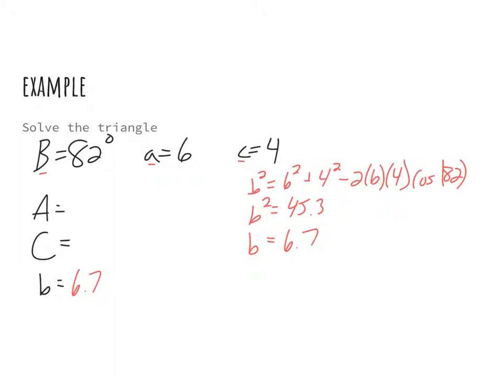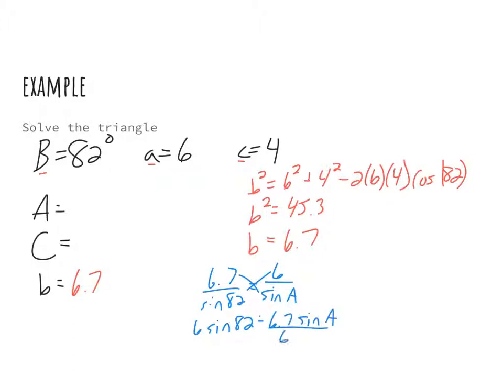Okay, so now I'm going to show you that we can do it with law of sines as well. So if I switch now to the law of sines, I can do B over the sine of angle B is equal to, let's say, A over the sine of A. And I can go ahead and cross multiply and solve. So 6 sine of 82 is equal to 6.7 sine of A. Divide both sides by 6.7.